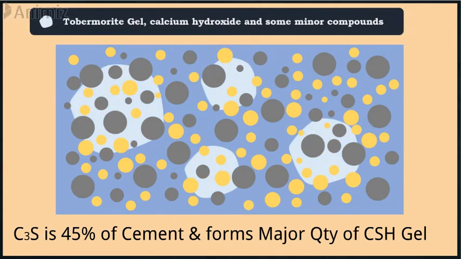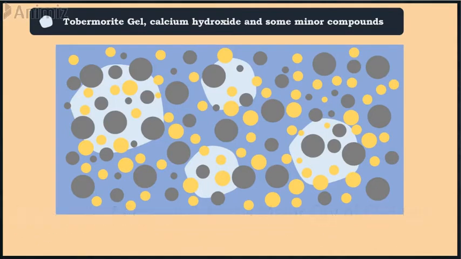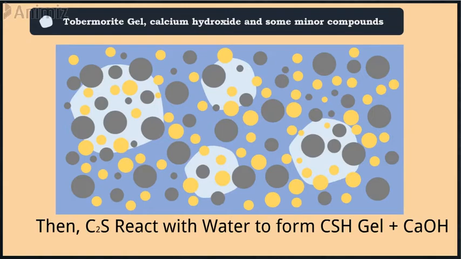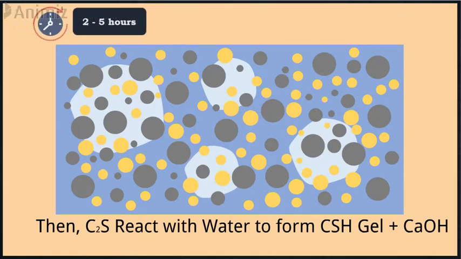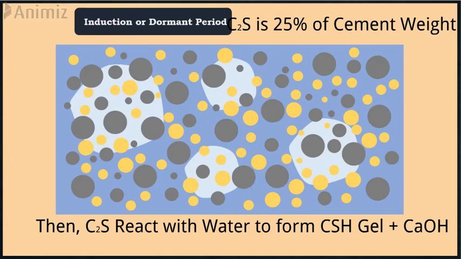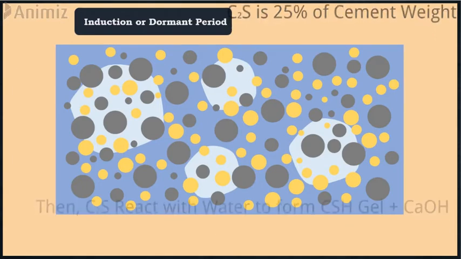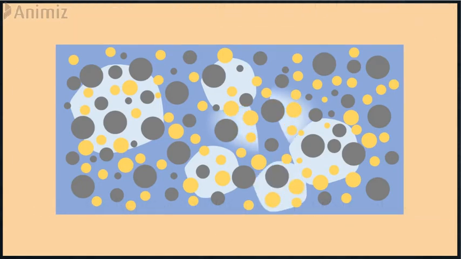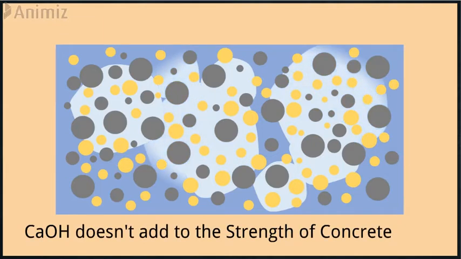Similarly, dicalcium silicate, that is C2S, reacts with water to form CSH gel. Along with the CSH gel, calcium hydroxide is formed, whereas the CSH gel is responsible for the strength and calcium hydroxide, the other product, does not contribute anything to the strength.